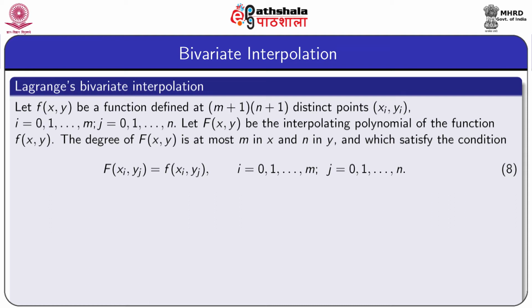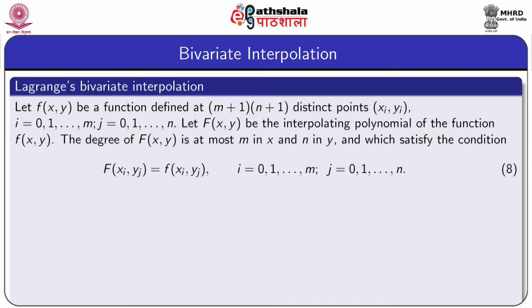So, for this interpolation method, we consider (m plus 1) into (n plus 1) distinct points xi, yi, for which the value of the function f of xy are given. Let capital F of xy be the interpolating polynomial of the function small f of xy.